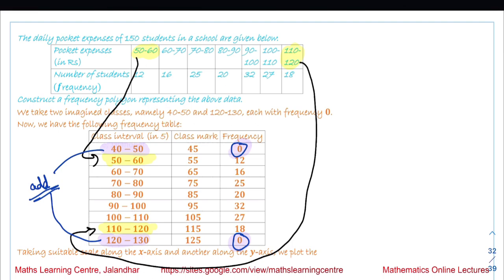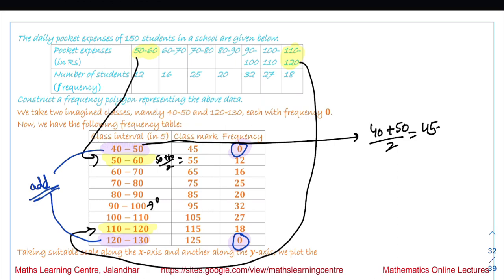Again the formula for the class marks: for the first it is 40 plus 50 by 2, that is equal to 45. Next it is 50 plus 60 by 2, it is 55. Suppose I take this one, 90 plus 100 by 2, so it is 95. So these values are the class marks and these are the frequencies.